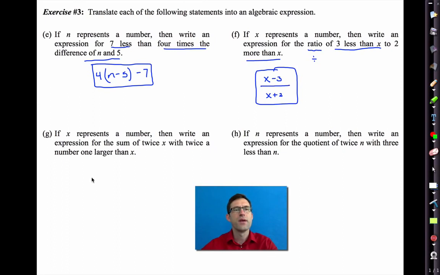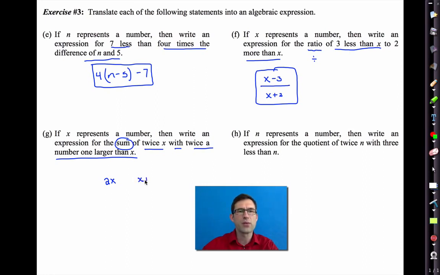Letter G. If x represents a number, then write an expression for the sum of twice x with twice a number 1 larger than x. Okay, so we're adding some things. What are we adding? We're adding twice x, that's easy, with twice a number 1 larger than x.